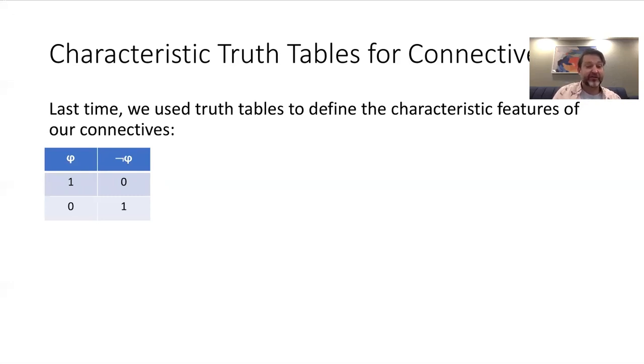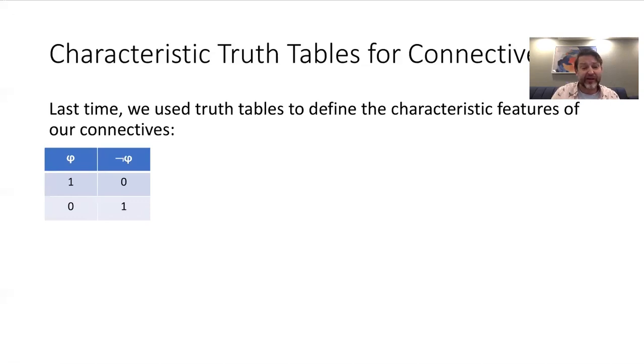Well, these are the possible truth values for our underlying sentence phi. Suppose the sentence is something like Mark is hungry. That may be true sometimes and false sometimes. If right now it is true that Mark is hungry, then the sentence, it's not the case that Mark is hungry, will be false. And similarly, if it's false right now that Mark is hungry, then the sentence, it's not the case that Mark is hungry, will be true.